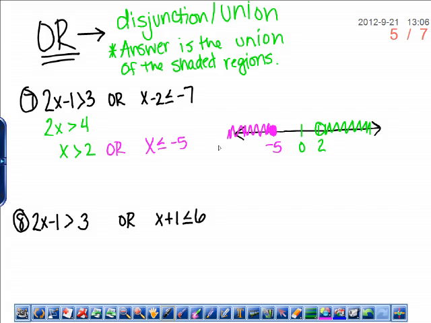The way you would write that as an inequality is the way when we solved it. If you're asked to write it as an interval, what are you going to need to use? Yeah, and what does that U represent? Union. So let's go ahead and write this using an interval.